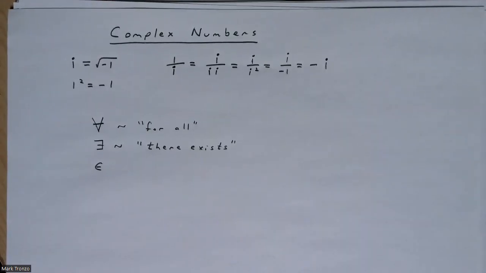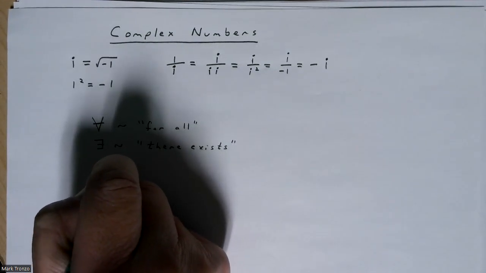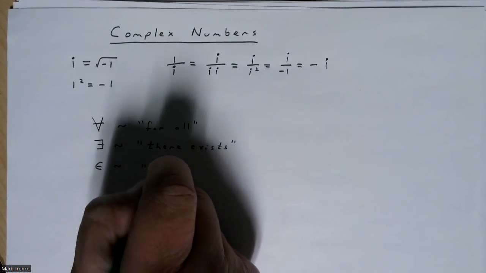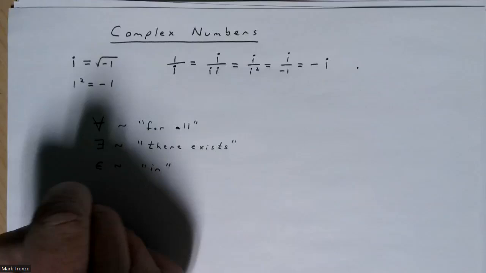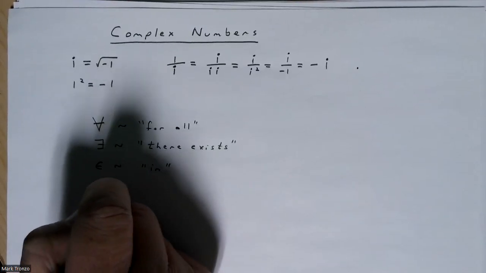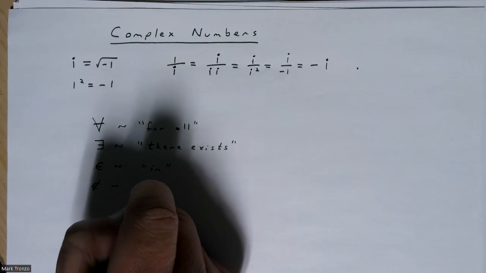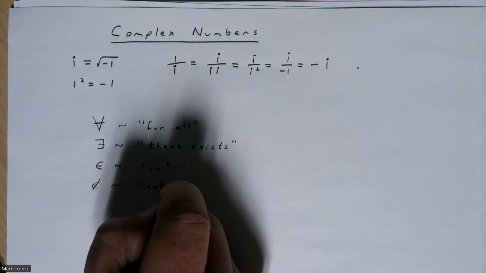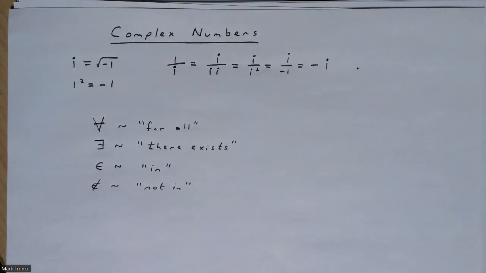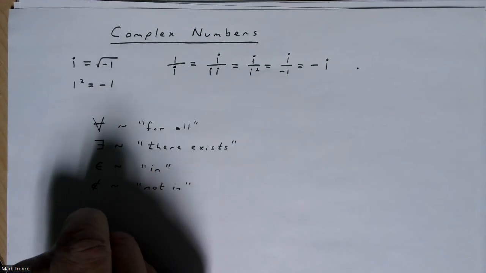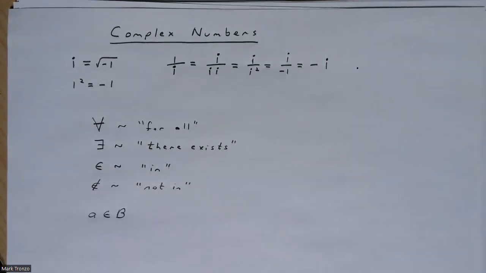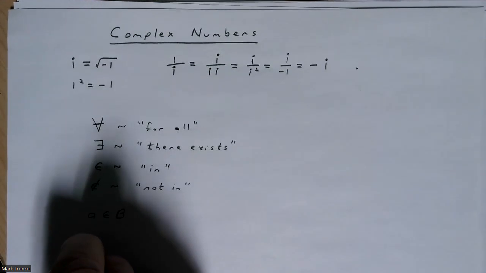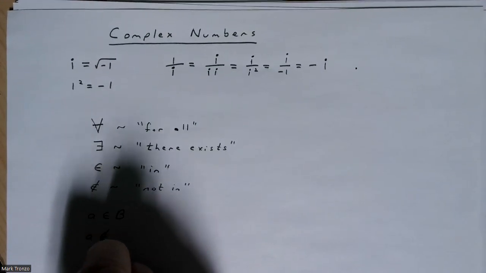And this symbol like this means in, and this one like this means not in. So usually these have to do with sets. So for example, you might say A is in the set B, or you might say that A is not in the set B.